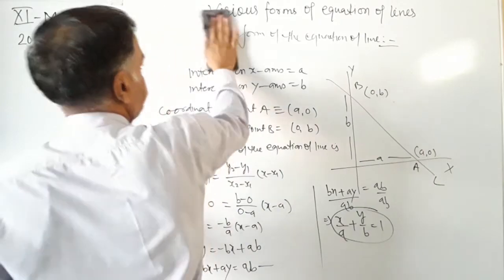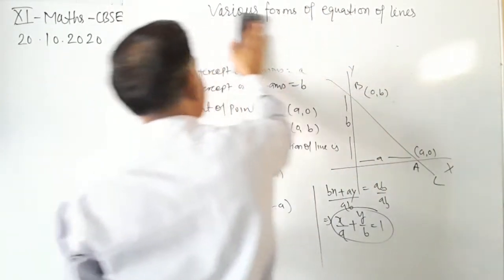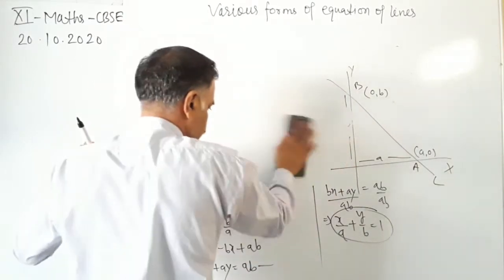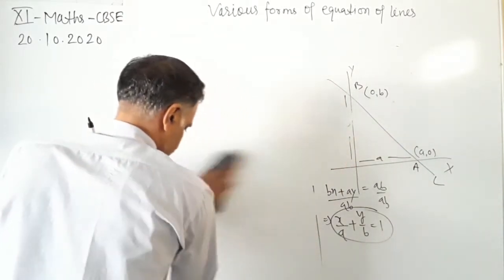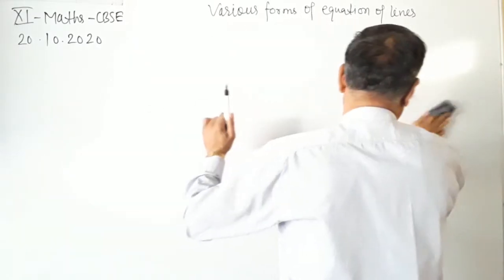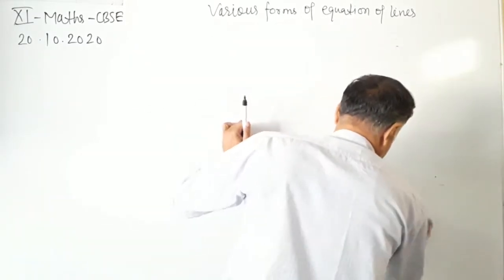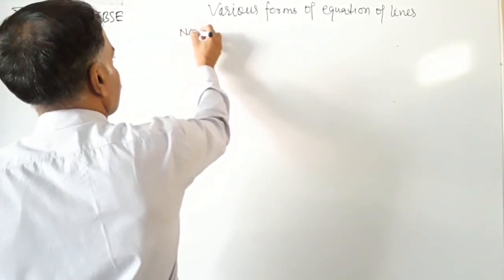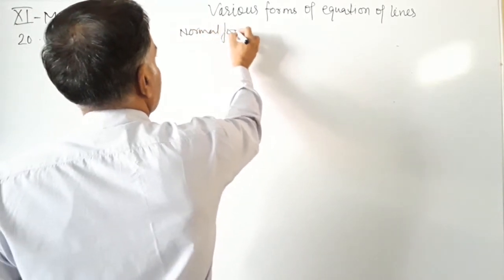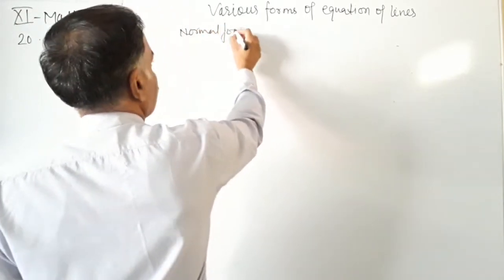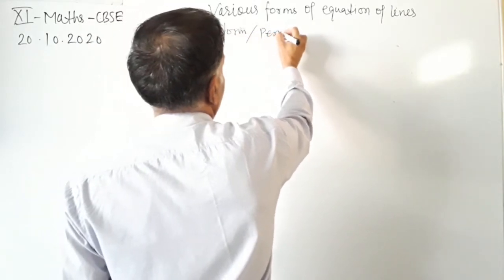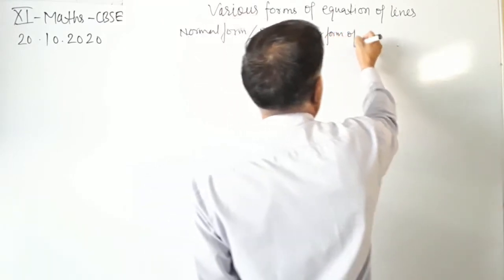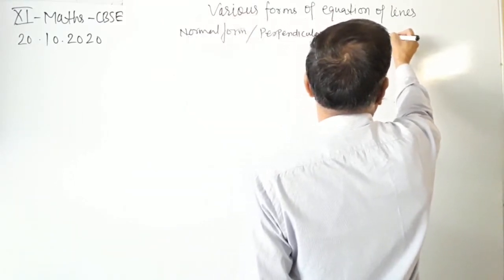Normal form, or perpendicular form, of the equation of a line.